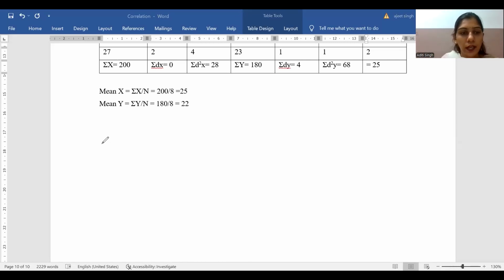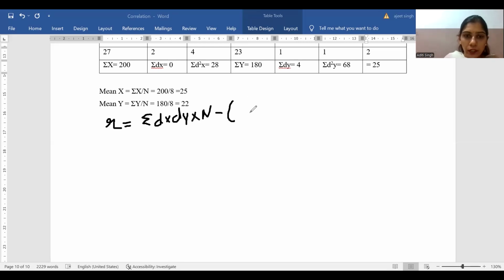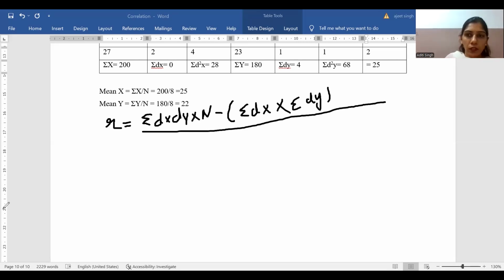So R is equal to sum of dx dy, multiply by n, minus bracket, then sum of dx multiply by sum of dy. Okay, divided by, then whole root.